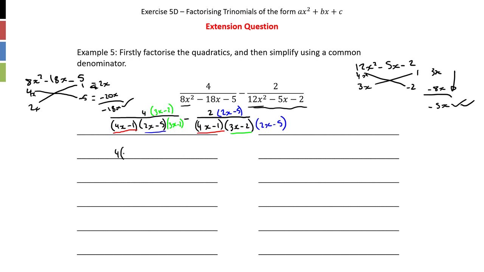So I get 4, 3x minus 2, minus 2, 2x minus 5, all over 4x minus 1, 2x minus 5, 3x minus 2. Okay, all right, great. What do I do now? Well, 3x minus 2 and the 2x minus 5, so I can't take those out as a common factor on the top.